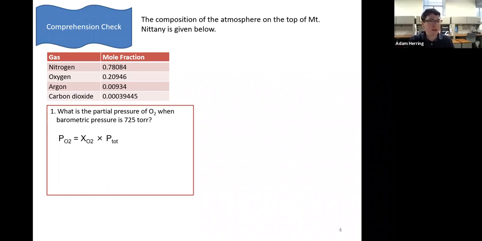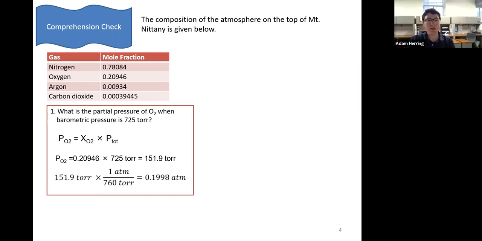Our mole fraction is 0.20946. That gives us a partial pressure of oxygen of 151.9 torr. And we could be done here. However, if we wanted to convert this to atmospheres, then we would need to use the conversion between atmospheres and torr, and we'd see that this is about 1/5 of an atmosphere of pressure.